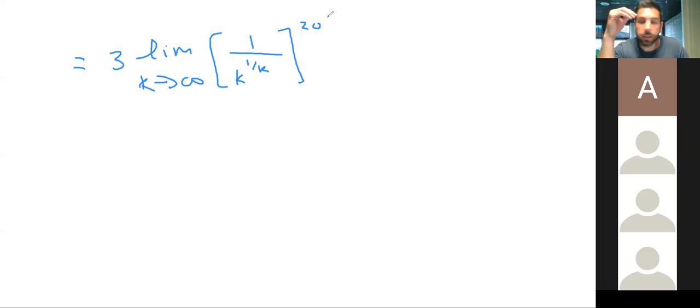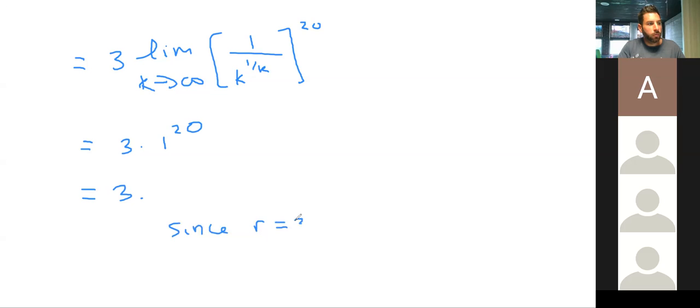I'm using some exponent rules that you might not remember as quickly as I'm remembering them. But this limit from Calc 1 is 1. So this is 3 times 1 to the 20th, which is 3. And then since r, which is equal to 3, is greater than 1, the root test says it diverges.